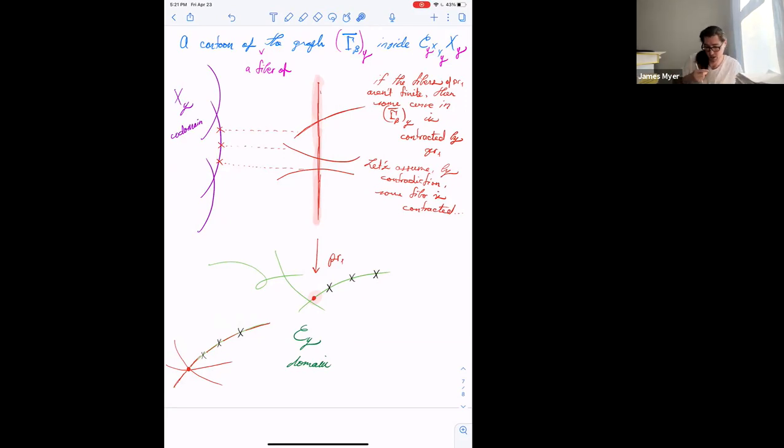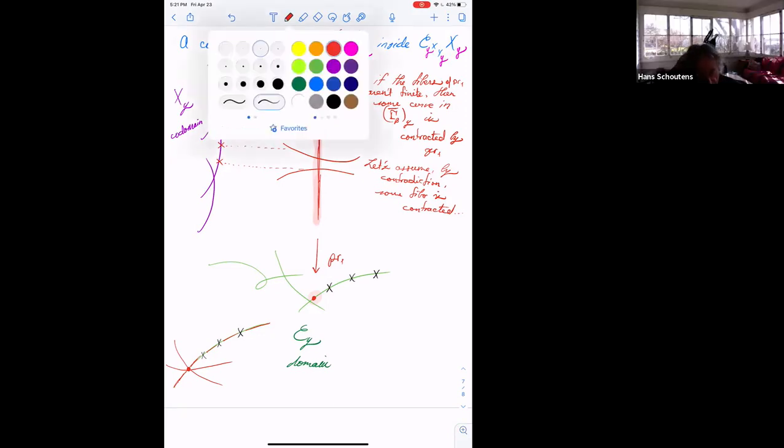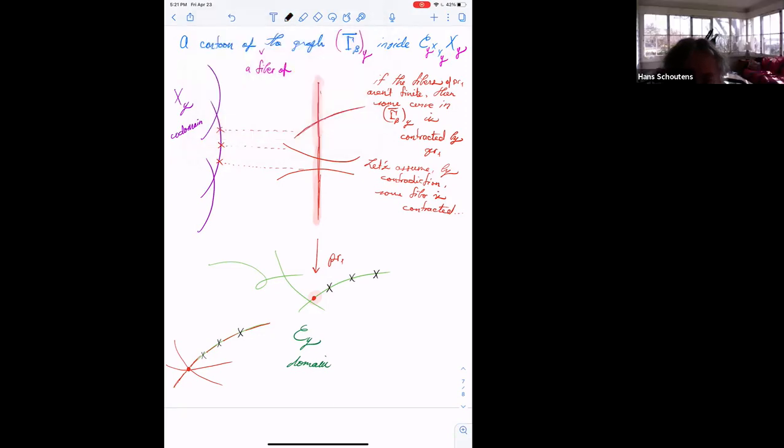I'm happy to try to address questions if people have questions, because this is kind of the whole point of the talk anyway. So there's a claim. Generically, you're good, and every component has 3 points, and the families agree, right?